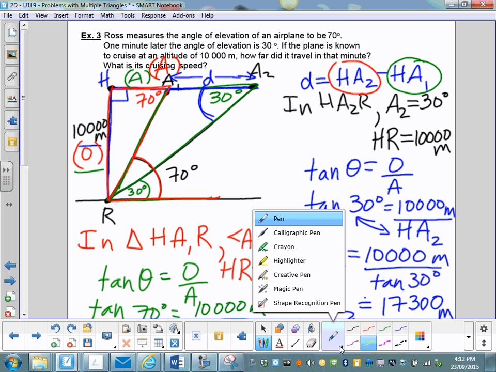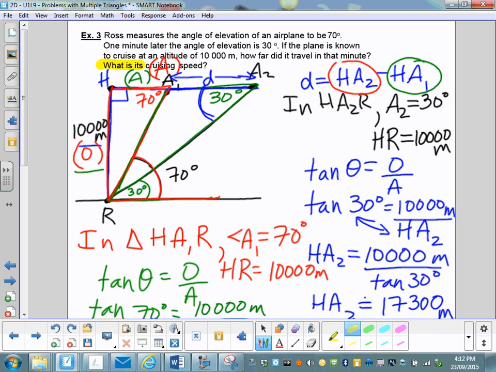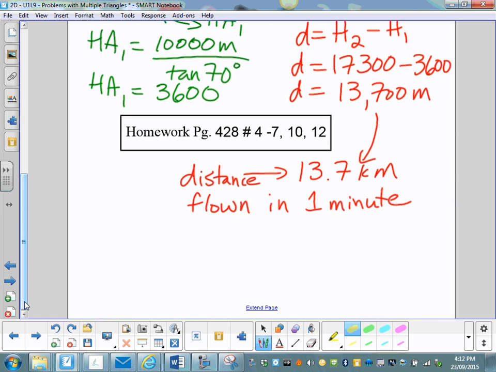Okay, so they want to know what is the cruising speed. And so we only know the distance. So if we're trying to calculate a speed, speed is equal to distance divided by time.